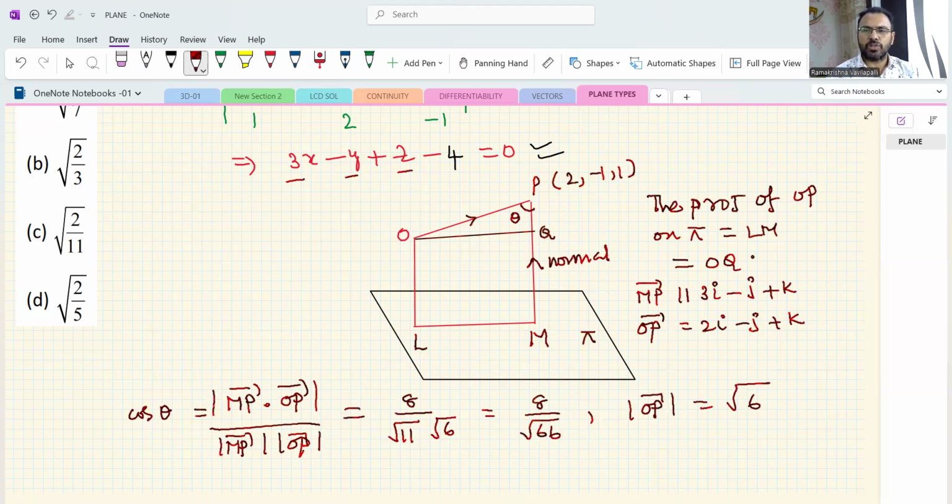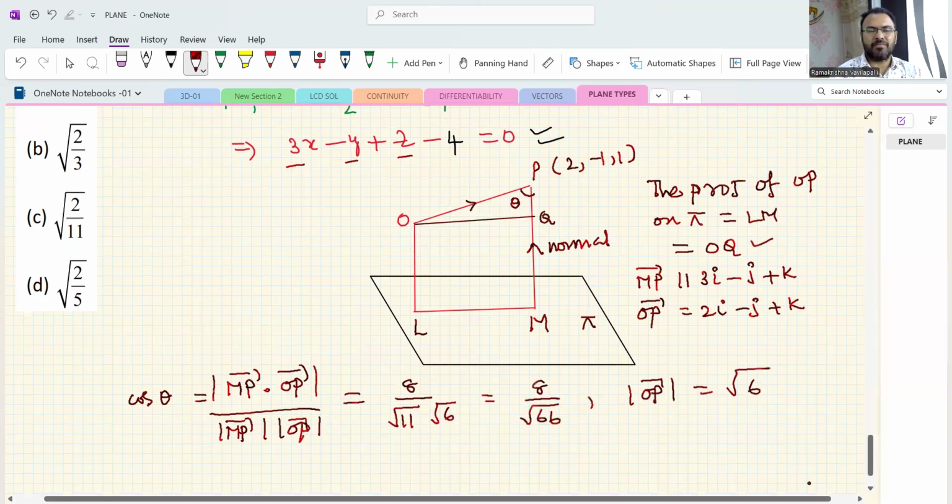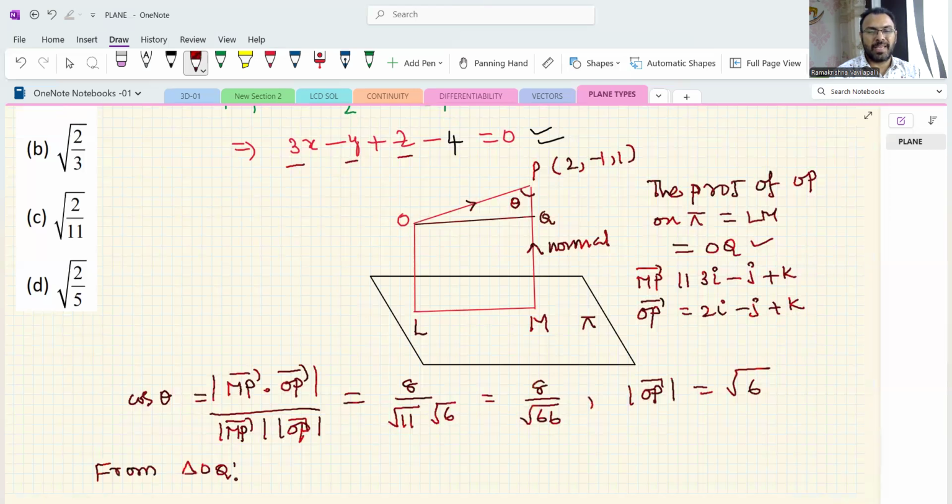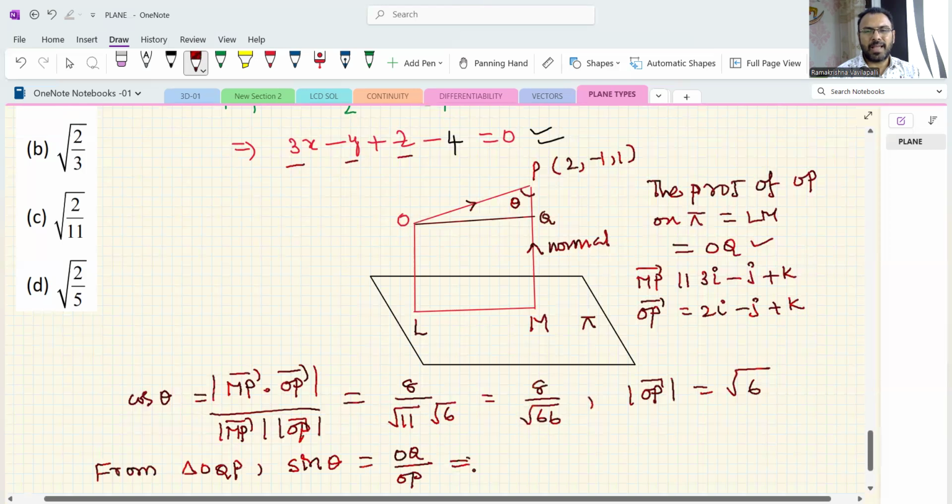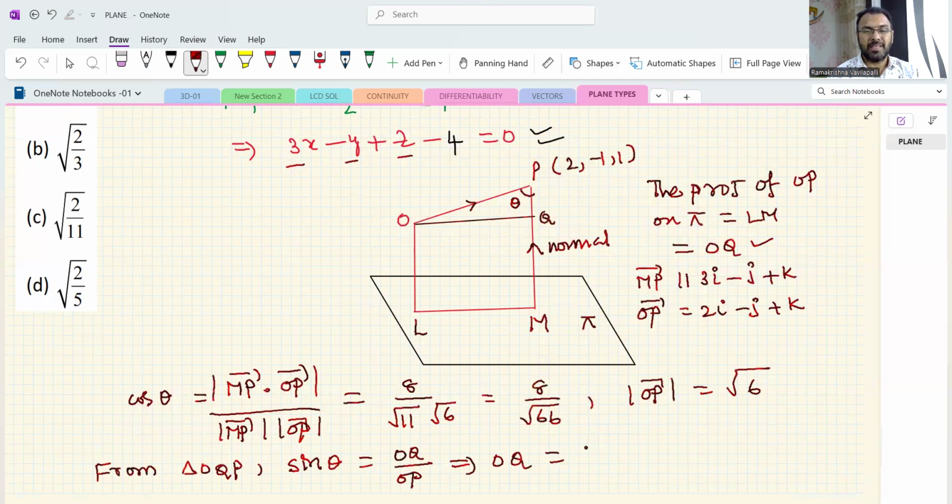Now we need to find out OQ. See, LM is nothing but OQ. So apply sine theta from triangle OQP. What is sine theta? Sine theta is equal to opposite side OQ by OP. This implies OQ, which is the projection of OP on the plane, is equal to OP, that is root 6, times sine theta.